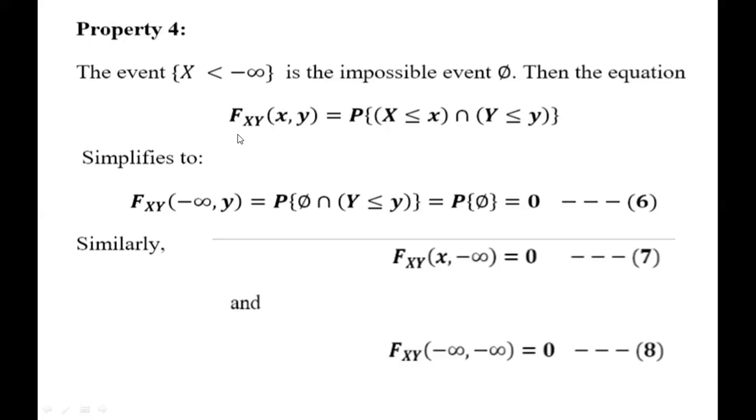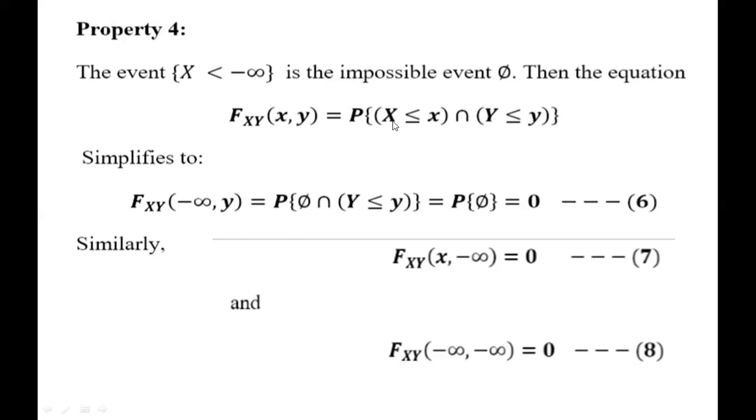Then the equation for CDF, F_XY(x, y) is equal to the probability of X less than or equal to x intersection the probability of random variable Y less than or equal to y, simplifies to what? The event X considered here is less than minus infinity. So here instead of x, replace it with minus infinity.